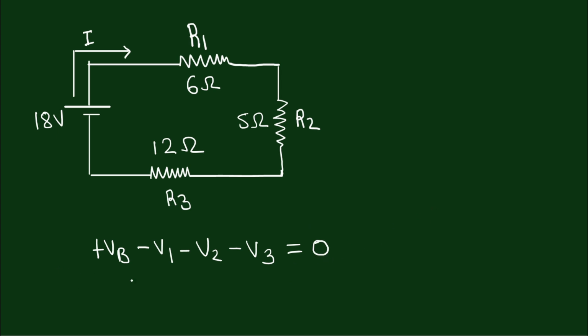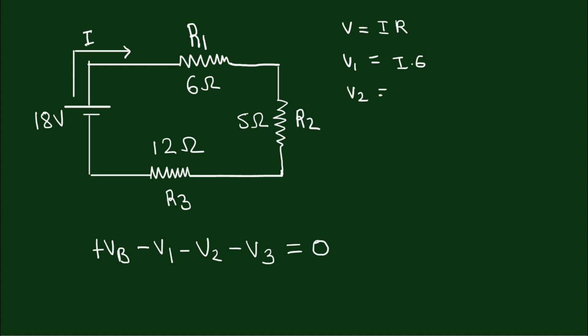Now let us verify this theorem. Now we have only one current flowing through this circuit since it is a series combination. So let us call it I. So we know that V is equal to I times R. So V1 will be I times R, which will be 6 ohms.